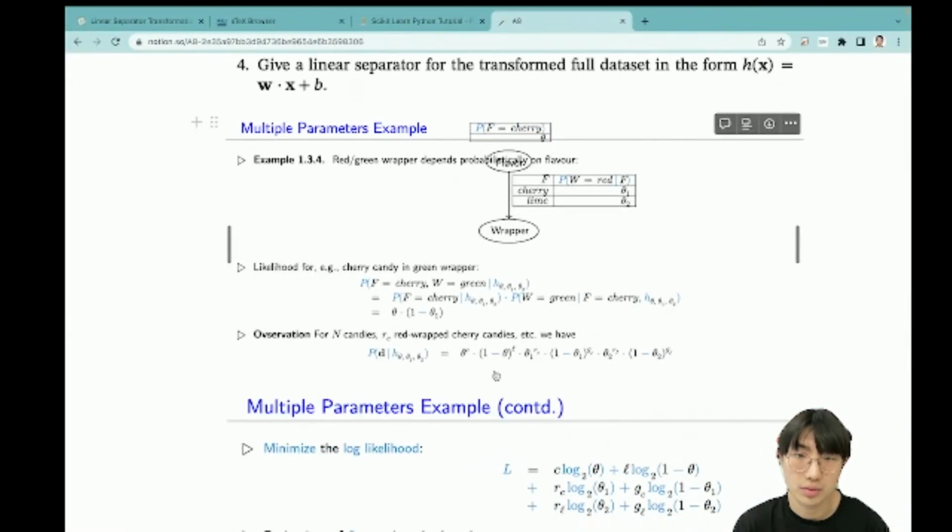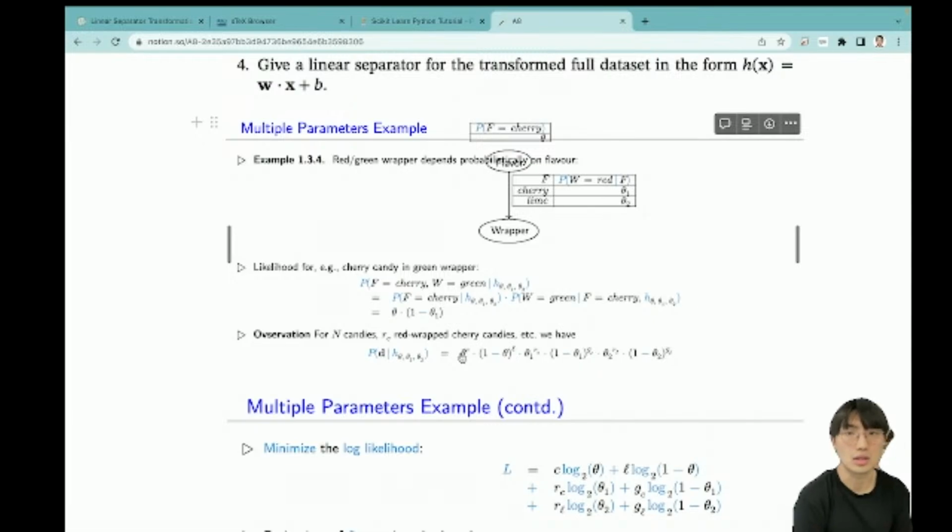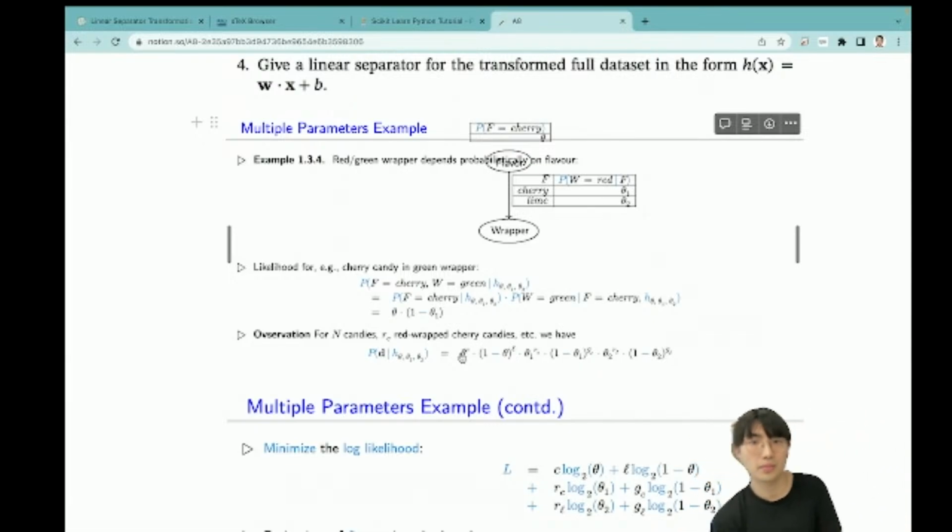So we have... try these. Green wrapper. Minus theta.